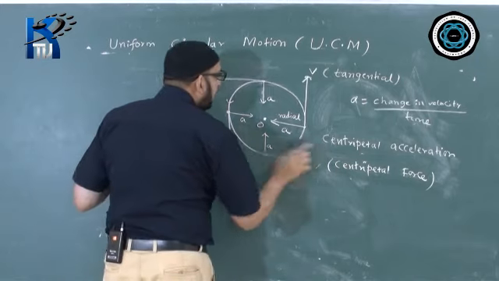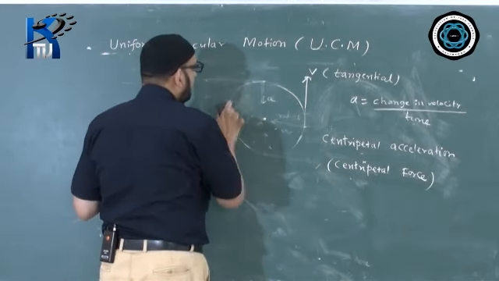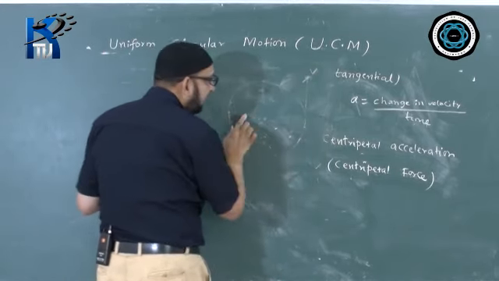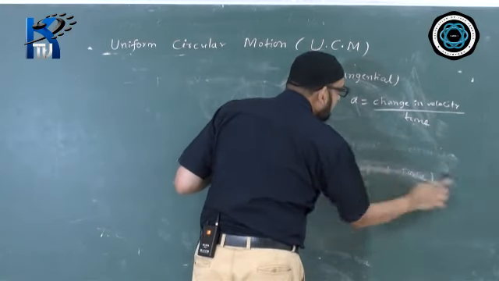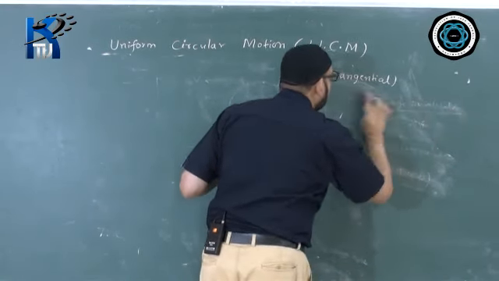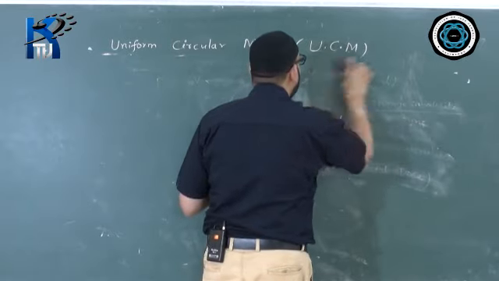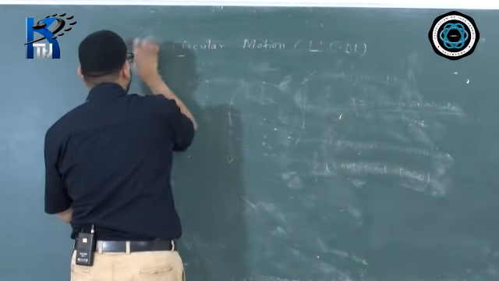Now one important question could be the difference between uniform circular motion and uniform translational motion. Translation means a straight line motion.